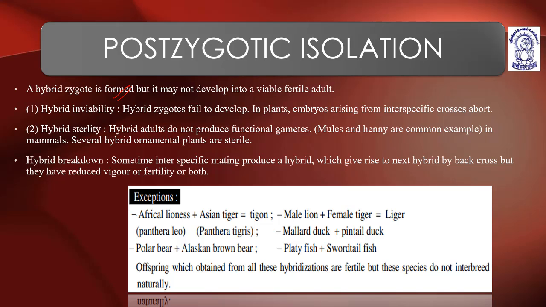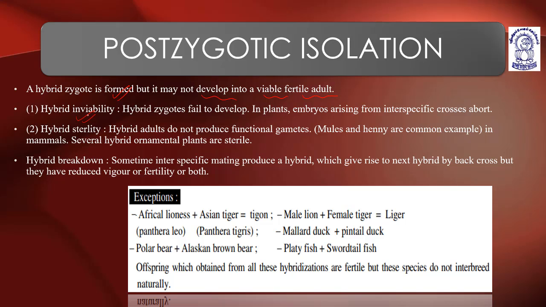The hybrid zygote is formed when pre-zygotically they were not isolated, but that zygote cannot develop. It may lack some of the essential genes or information because of crossing over, and that is why it cannot develop into a viable fertile adult.